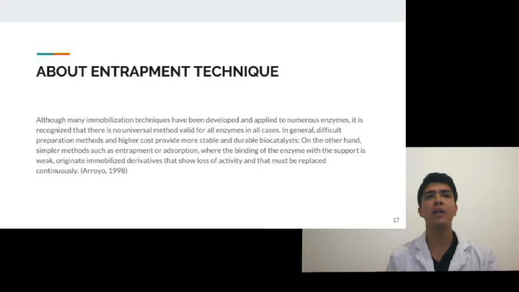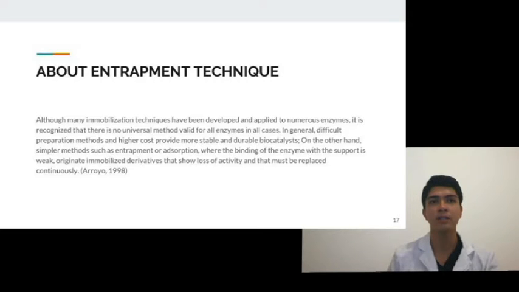On the other hand, simpler methods such as entrapment or adsorption, where the binding of the enzyme with the support is weak, originate immobilized derivatives that show loss of activity and must be replaced continuously.